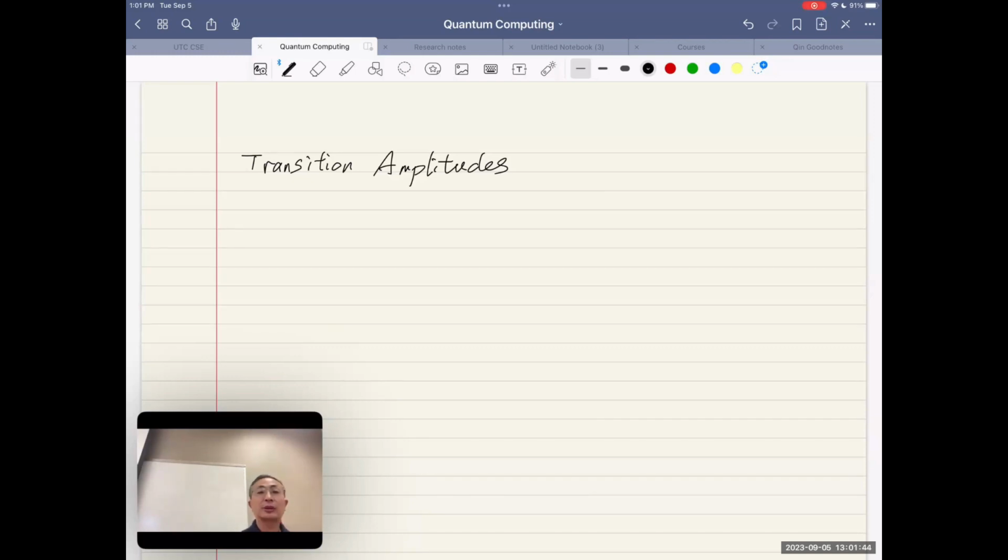I'm trying to make sure I'm not misrepresenting what this means. There'll be some really strange symbols here, but once we are used to it, it's just a way to represent the transition.